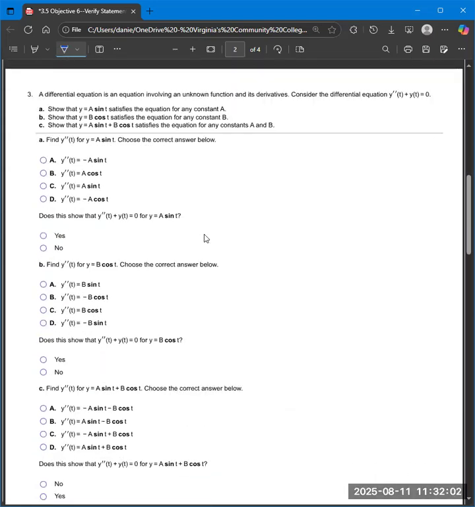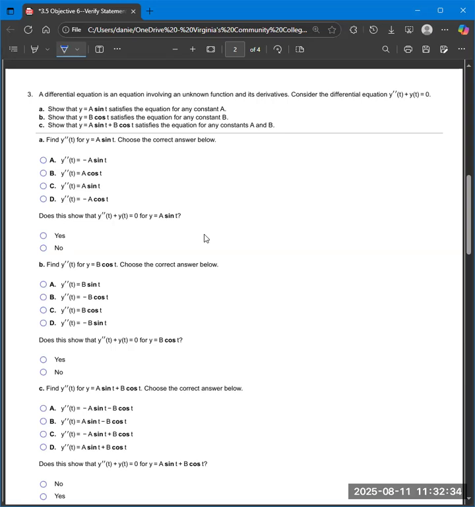A differential equation is an equation involving an unknown function and its derivative. Consider the differential equation y double prime of t minus y of t is equal to 0. And we'll do more of this type of thing in differential equations, but show that a particular function satisfies the differential equation.